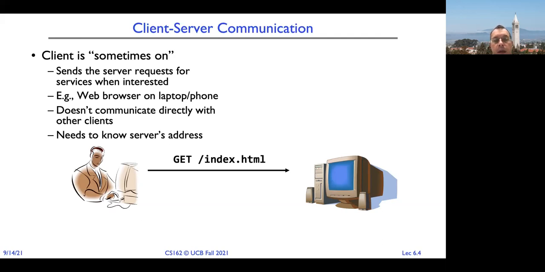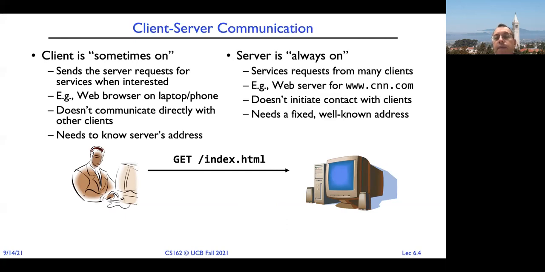In order to do that, you need to contact a server which stores index.html, the content of the page you want to render. And one thing we need to know is the address of that server. It's like when you make a call, you need to know the number you are calling. So keep that in mind: you need to know the address of the server from which you get the content.